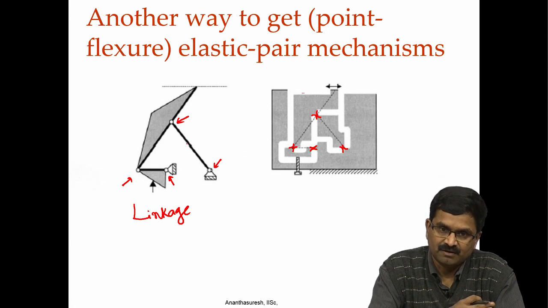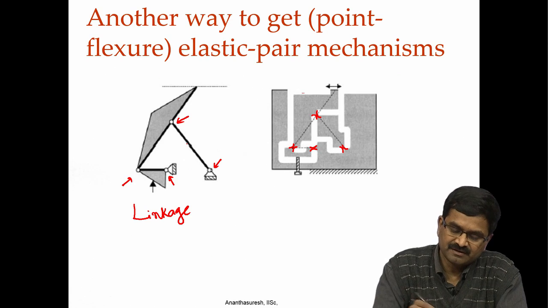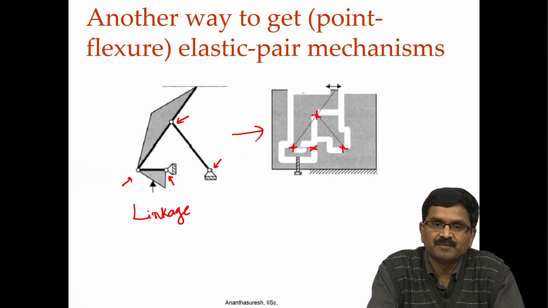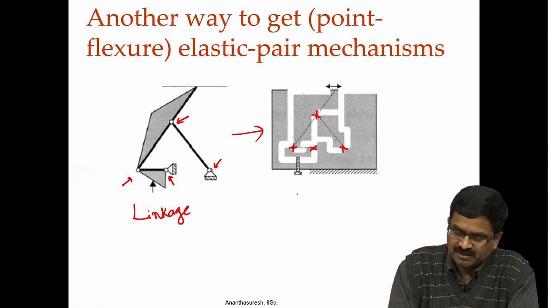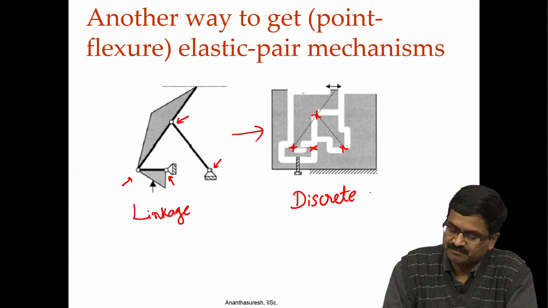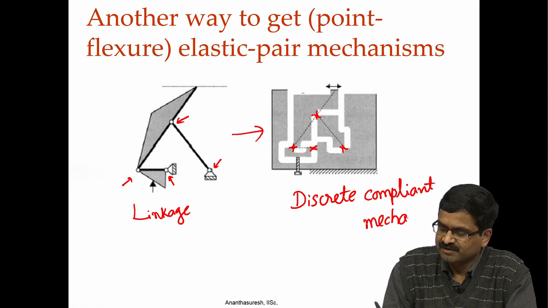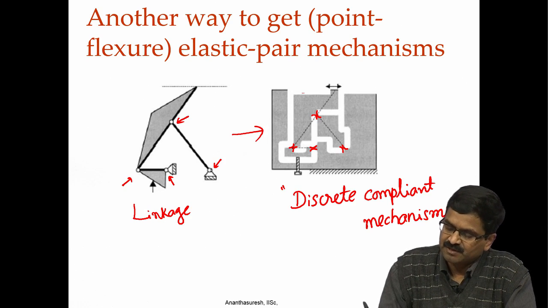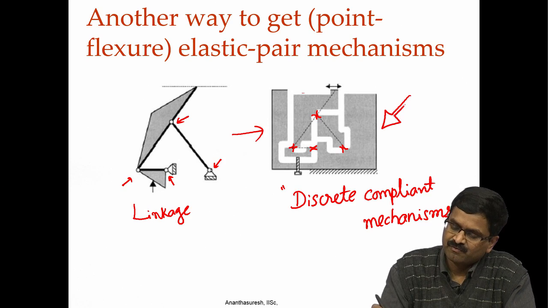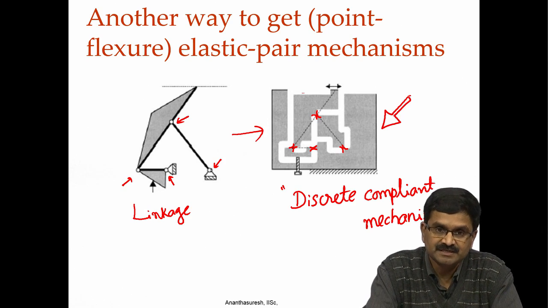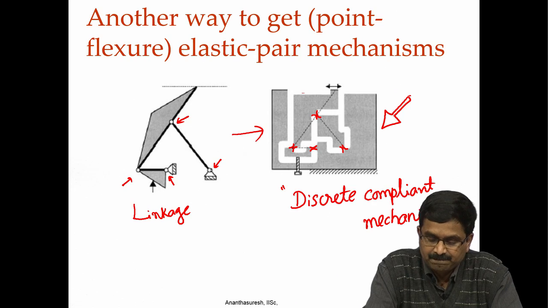With all that knowledge, you can design a linkage and go to the equivalent compliant mechanism, but such a compliant mechanism, let us call that a discrete compliant mechanism, because it has basically discrete rigid bodies connected with elastic pairs, even if it is a one piece one, meaning that like this particular thing here, where we will be able to cut it out of a single sheet of material, but its compliance is limited to a few discrete locations.